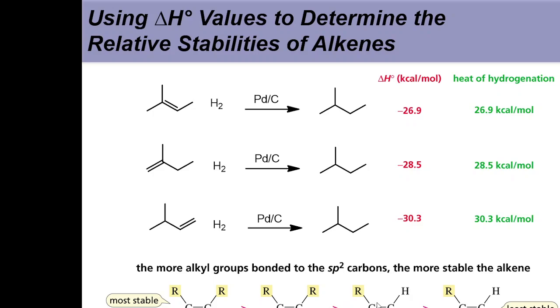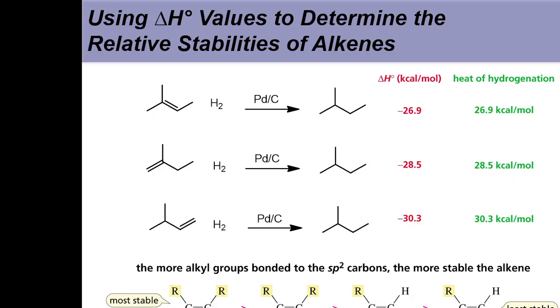This goes down the road as you have more hydrogens and fewer alkyl substituents, all the way to no substituent or one substituent, which will be the least stable. So the number of alkyl substituents on these two carbons determines the stability. An alkyl group has to be a hydrocarbon. It cannot be halogens or other heteroatoms.